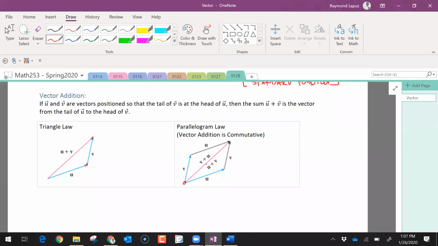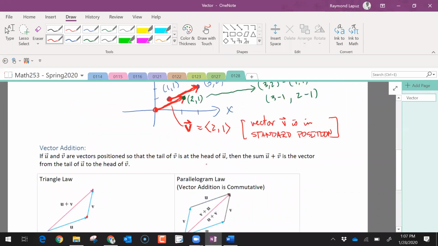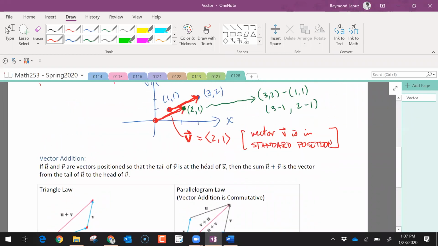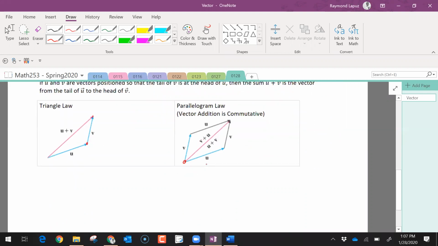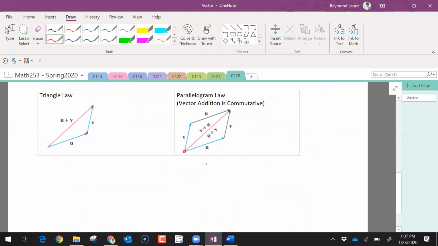Okay. Any questions about this so far? We did subtraction before, we defined subtraction up here, and addition would be similar. So if we had two vectors and we were adding them, we would just add the components.